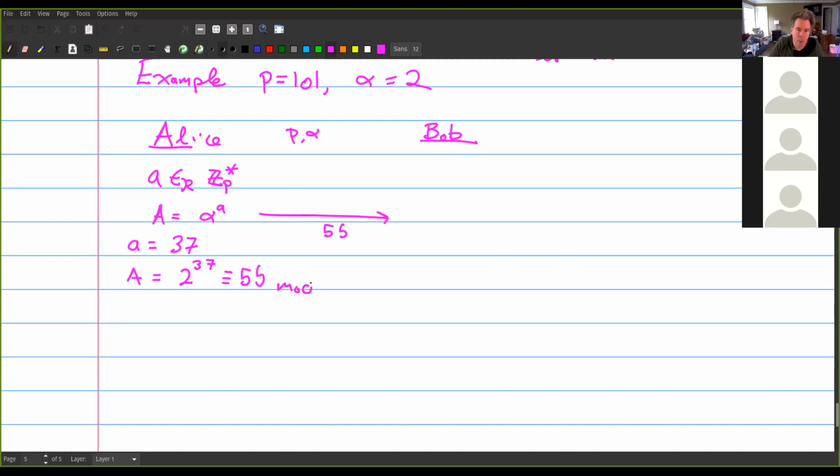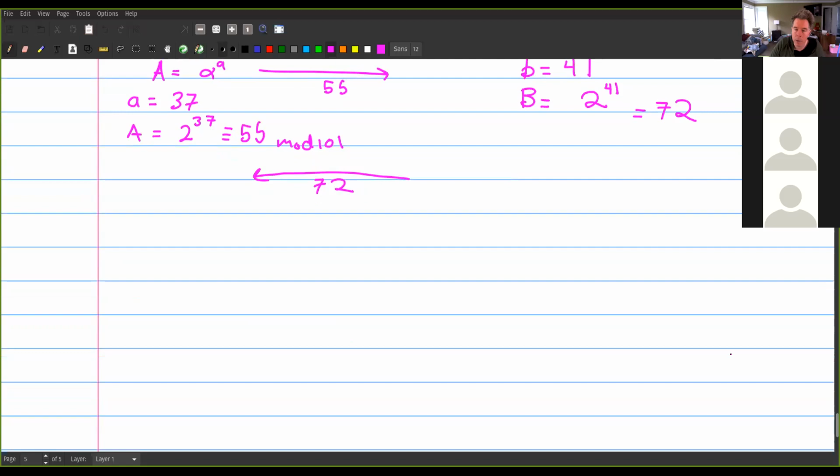Of course, this is mod 101. Over here, Bob is doing the same thing. He's picking some secret b in Z_p star, and just to give an example, let's suppose Bob picks 41. Then Bob computes his public key, which is 2 to the 41, which is 72. So he transmits 72 over to Alice.